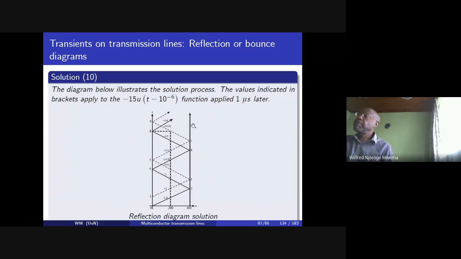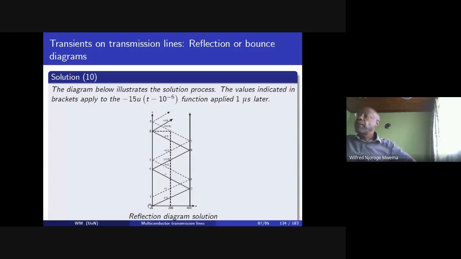So when we draw the reflection diagram, we see that the complete line is the positive going wave. That is the positive wave that we have sent down the line. That is the first part.